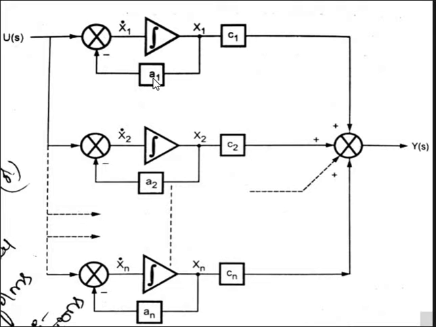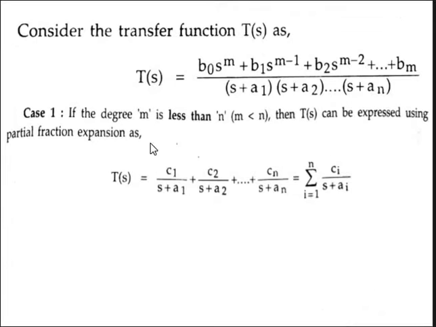This feedback block is A1, and this block is multiplied with C1, so C1 is connected in series with this one. Like this we can connect a number of blocks in parallel. The second one, C2 by (s plus A2), can be written as C2 into 1 by (s plus A2).